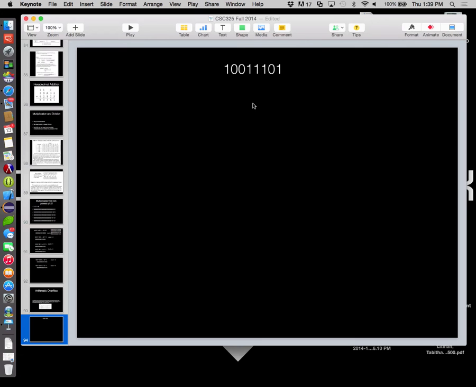So what do we need to do? Okay, how do we decode it? Well, how did we encode it? Flip the bits and add 1. So how would we decode it? Flip the bits and add 1.